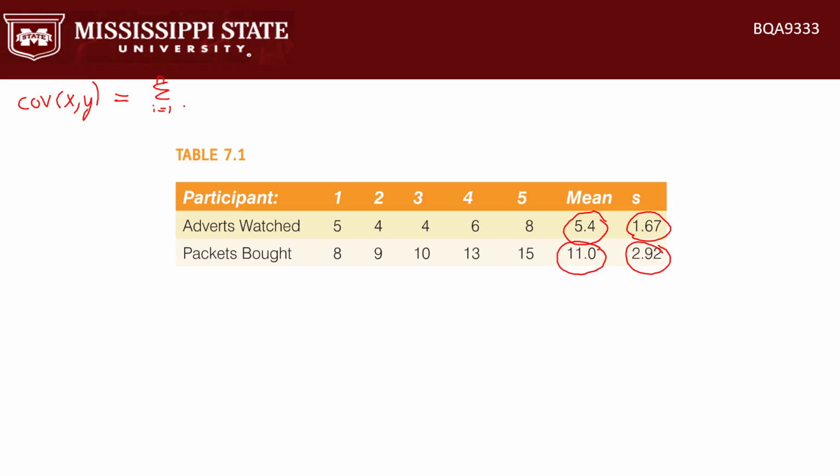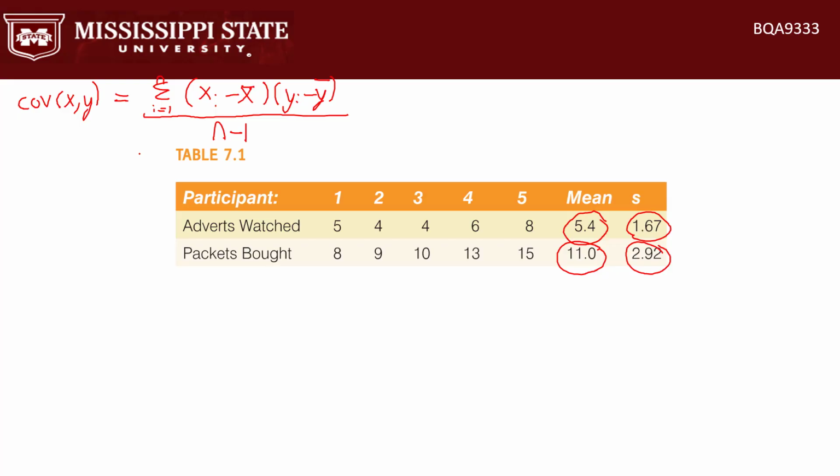So the sum for i equals 1 to n of xi minus x bar, times yi minus y bar, all over n minus 1. That doesn't change.